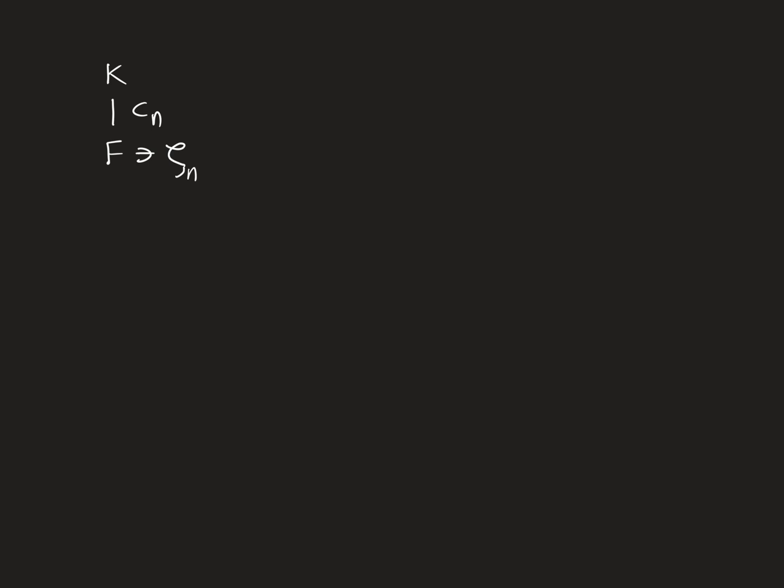So firstly, let me just tell you what a character is. If you've got a group G, and you've got some field F, then if you have a group homomorphism, let's call it sigma, which maps G into the multiplicative group of F, then such a homomorphism, I hope I said homomorphism. If I said automorphism, I apologise. So let me start again.